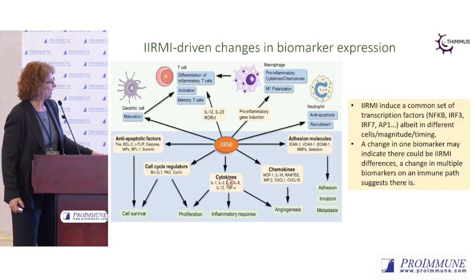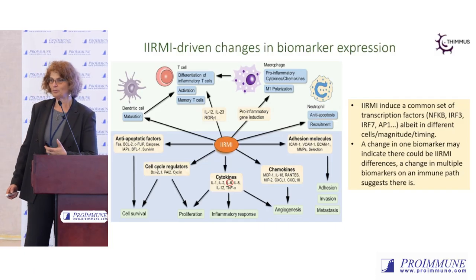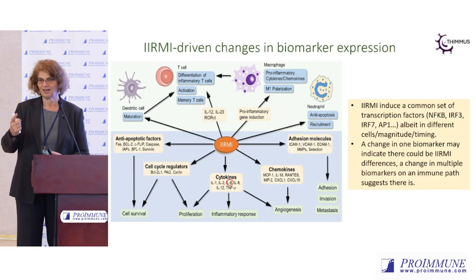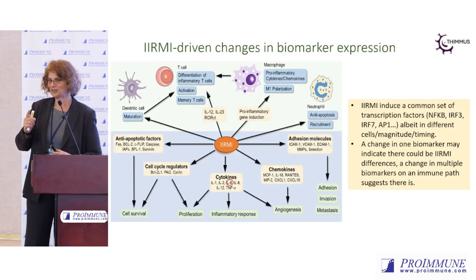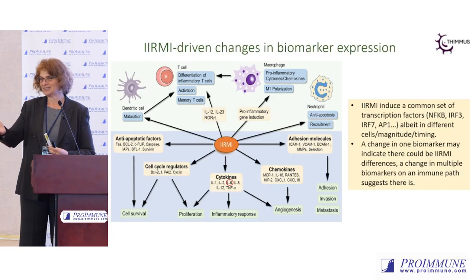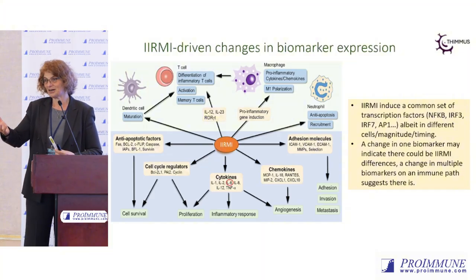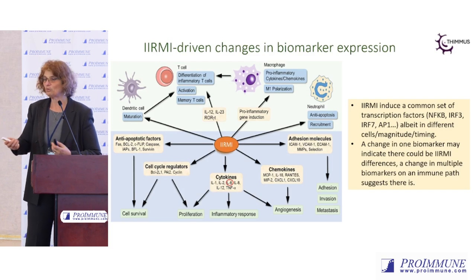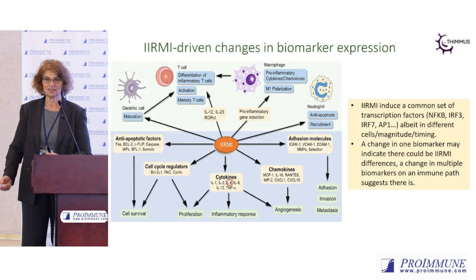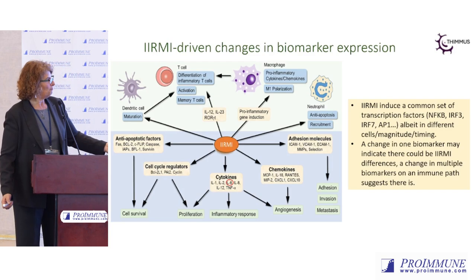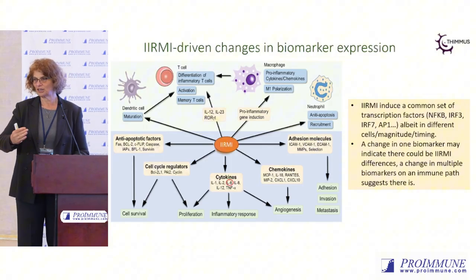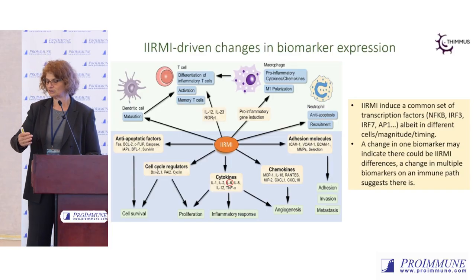So if you do a MIAT assay and you just look at IL-6, you might find it or you might not. The other problem is the reverse problem. If you see one signal, it may be just stochastic. The truth is that we see a little bit of an increase in IL-6. It's not huge, but it's there, or in IL-8 or in IL-21, and we're like, okay, there is a signal there, but what does it mean? It's kind of hard to guess. But if you see multiple markers changing, all on the same path, you can be fairly sure that you are seeing the activation of a certain immune path.